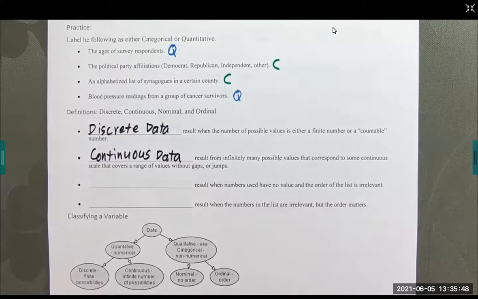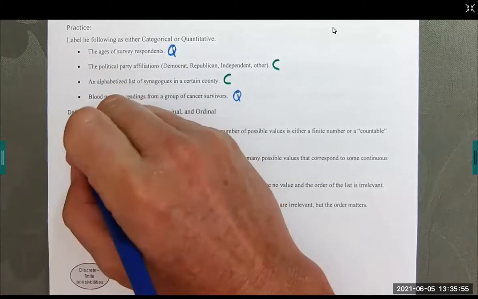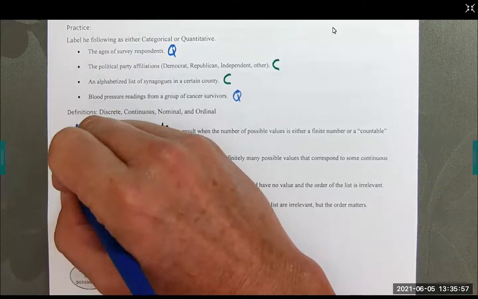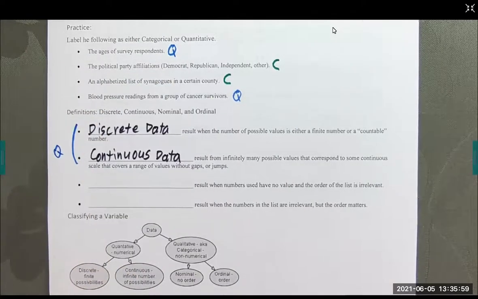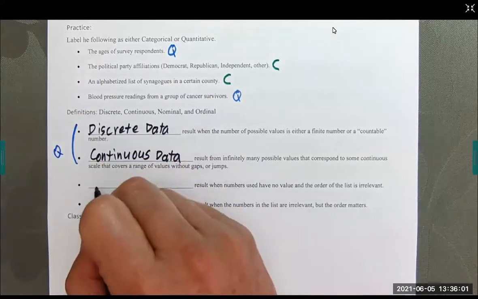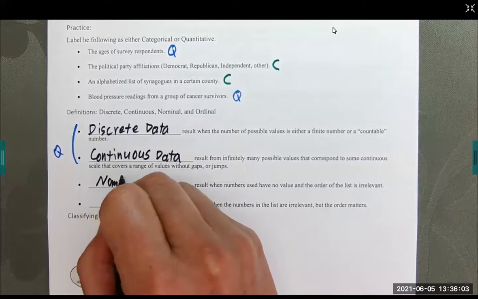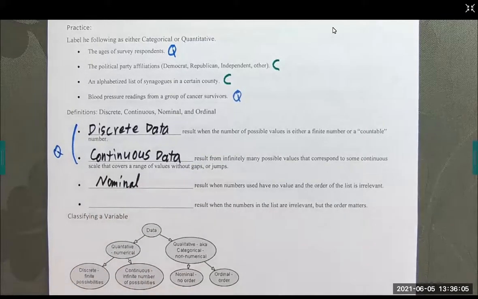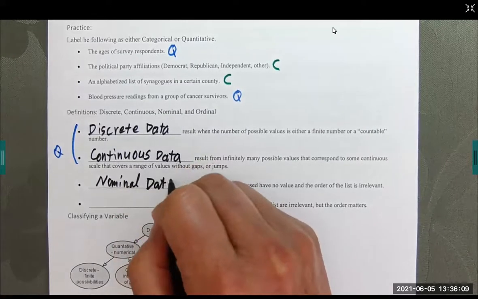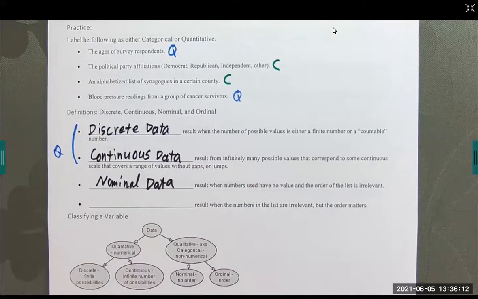Next two words, and by the way, these two have to do with quantitative data, these two here, versus the next two. First, we have nominal. Nominal data results when numbers have no value and the order of the list is irrelevant.